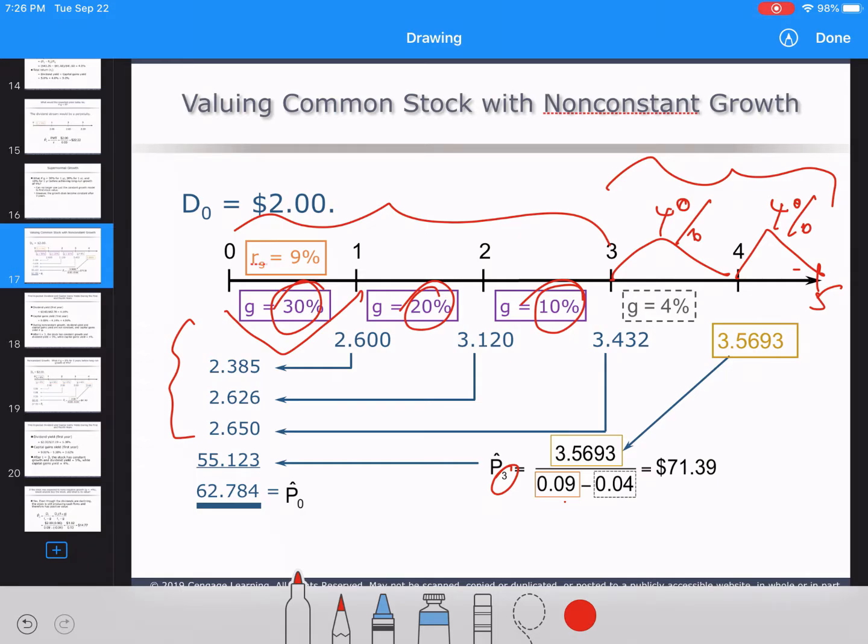So you have it under year 3. There are two flows. One flow is 3.432. Another flow is 71.39. So these are two flows under year 3. Then you bring it to present value, and then the present value would be the price.